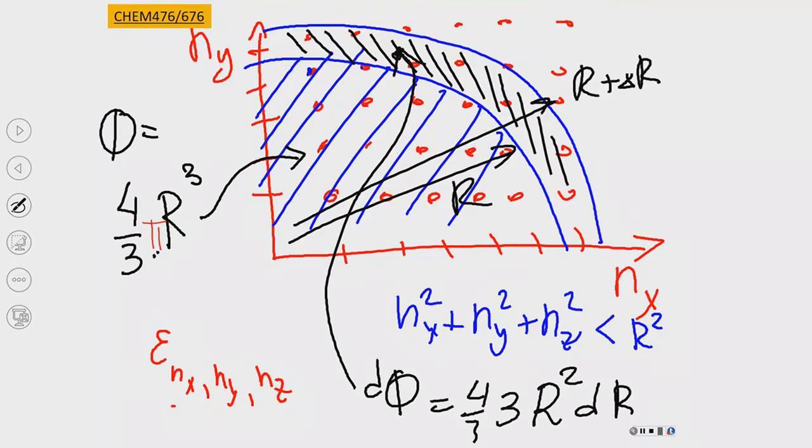So if we define the threshold, we can immediately, based on our high school geometry, find how many states have energy less than a threshold.